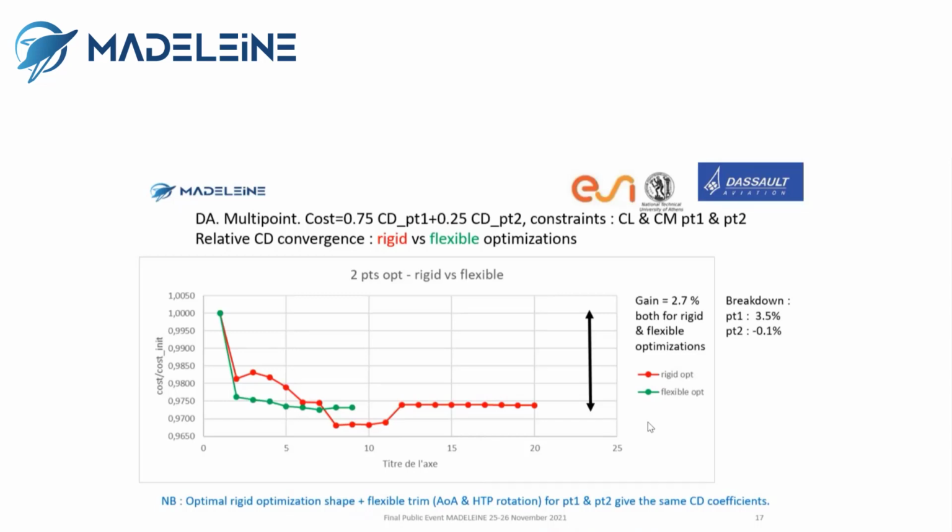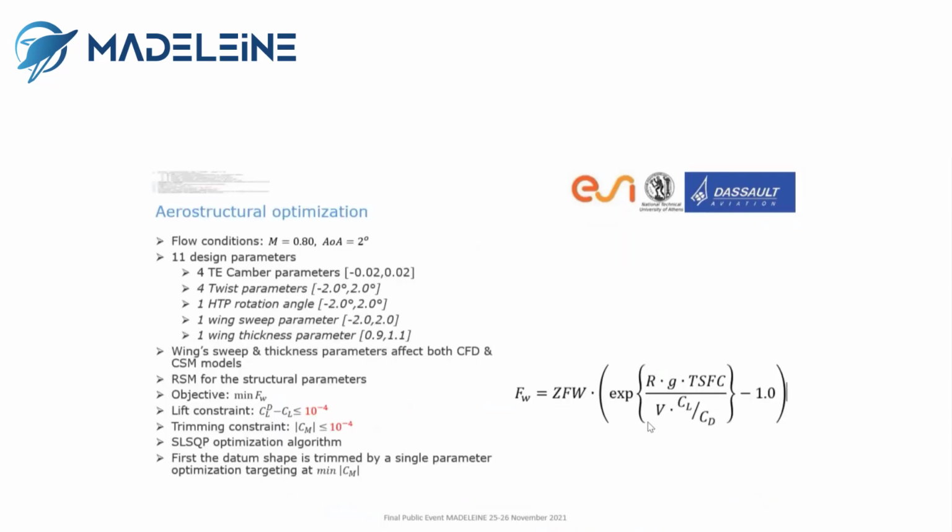So here, for this multi-point optimization, the gain using directly flexible optimization compared to the former way of optimizing using rigid optimization is 0. I will give comments about that after. Aerostructural optimization was the work of NTUA and ESI.